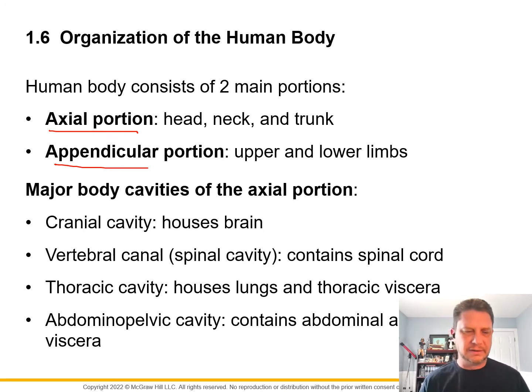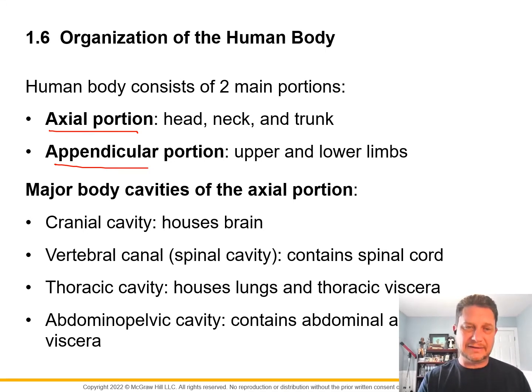So we have to learn how to speak science. Even though we live in the real world, we need to understand that there are certain things that are more specific when we are talking science-ese. So axial and appendicular portions: axial, head, neck, trunk; appendicular, the upper and lower limbs.